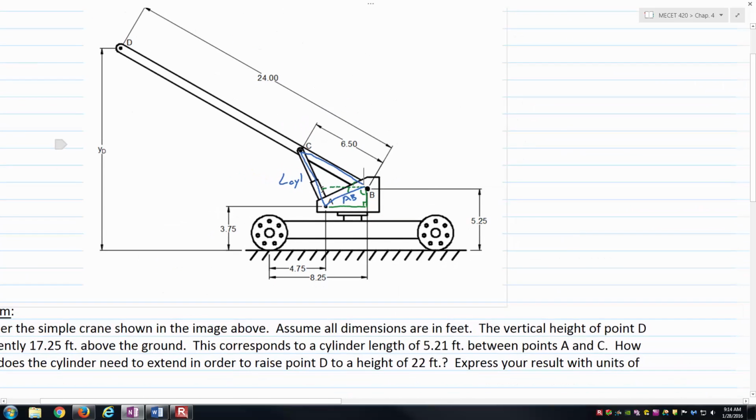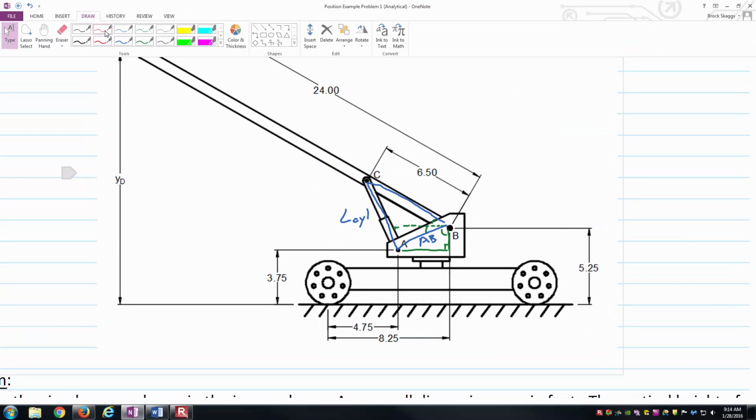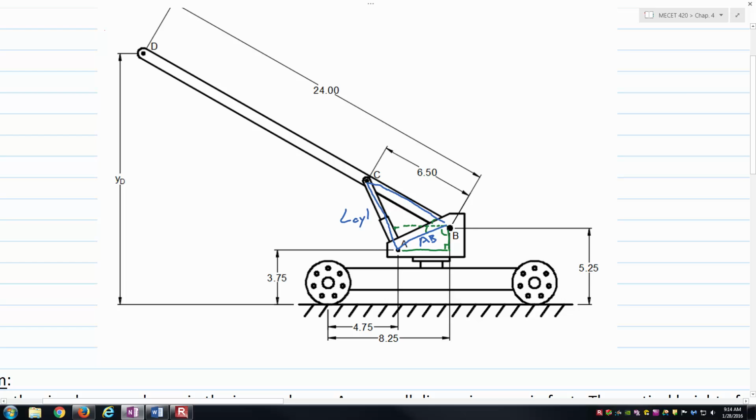One way I could get that angle is by relating it to the overall height that I'm trying to achieve. If I think of a much bigger triangle here and take a vertical, and come over here with a horizontal, forming this right triangle between point B, point D, and the horizontal and vertical legs, I should be able to come up with this angle.